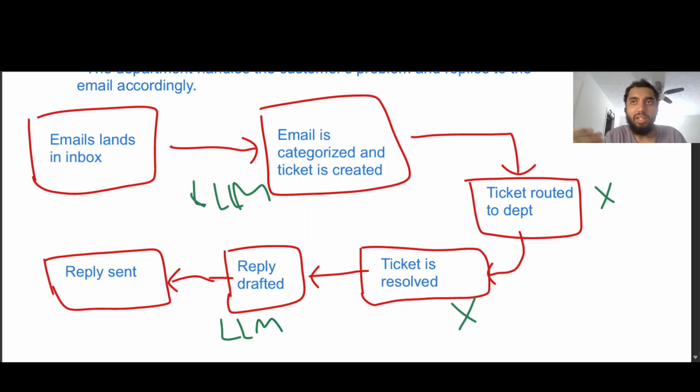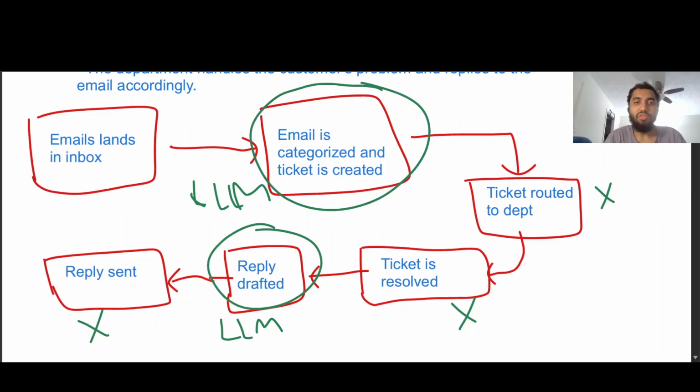So an LLM would be useful there. And then sending a reply, you just send it, you don't need an LLM there. So in this entire process, this step and this step would use AI. If we re-implement this entire workflow using an LLM here and here, that could be called an AI workflow.